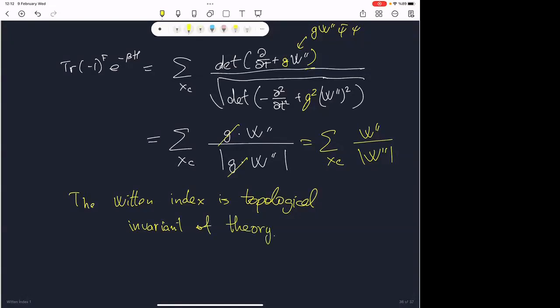So this is about the topological invariance of the Witten index.